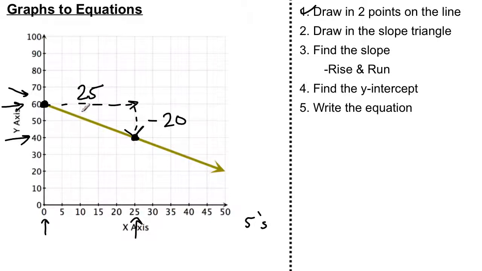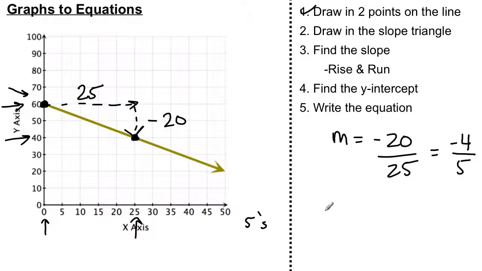Okay, so let's write out our equation. Maybe first let's write out the slope. So the slope in this situation is negative 20 over 25. And if we want to, we could reduce that down. This is going to be negative 4/5.